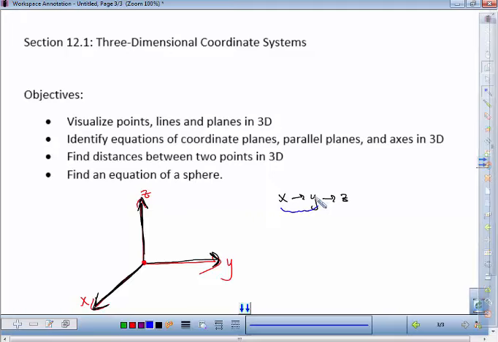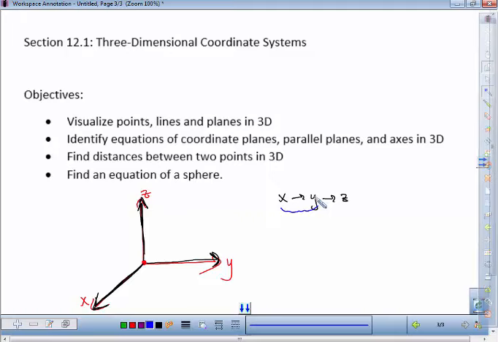If I wrap my fingers around the red first, which is the y, and then the x, then my thumb's going to go down. So we'll get more into the right-hand rule later on, but that's a general idea for your x, y, z axes that define your three-dimensional space.